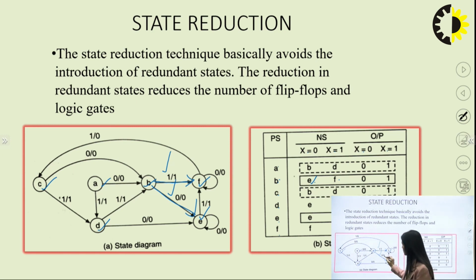For input 0 the output is 0 and for input 1 the output is 1. So we have written 0 and 1. Similarly, we can write all the state changes and the outputs for the next states for x is equal to 0 and x is equal to 1, where x is the input.